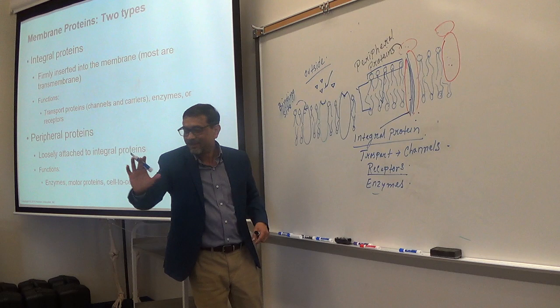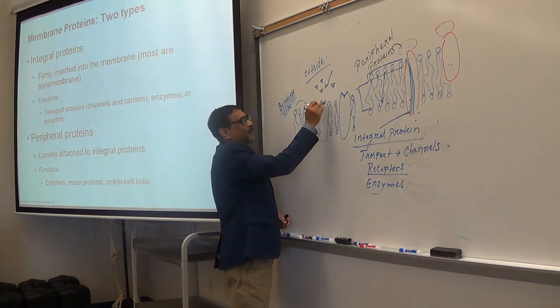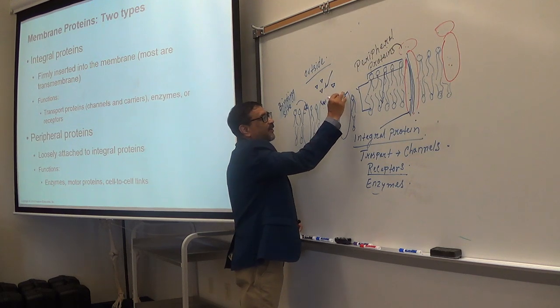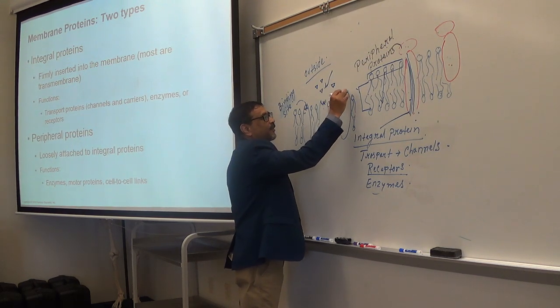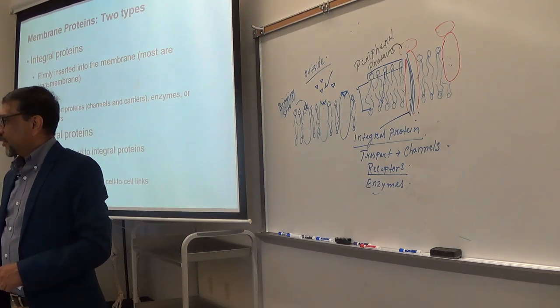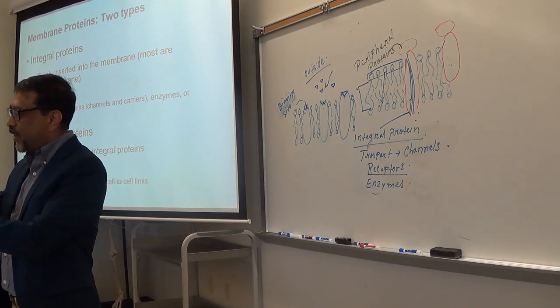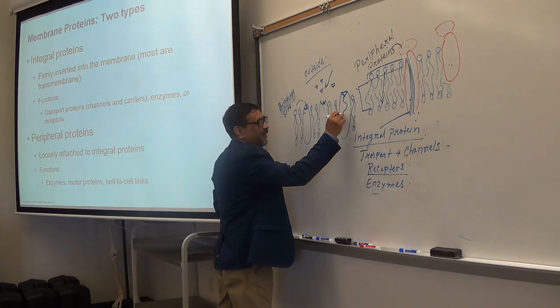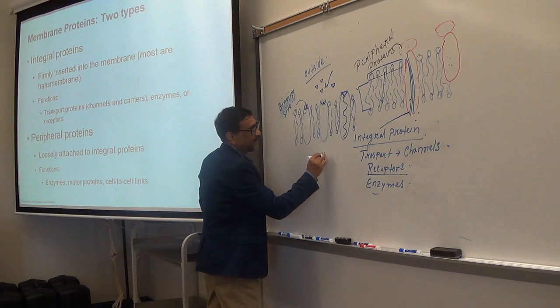You cannot bind me. This one, no. No. This one will perfectly bind with the molecules. Make sense? So when that binding is perfect, this integral protein will send a signal to inside the cell.